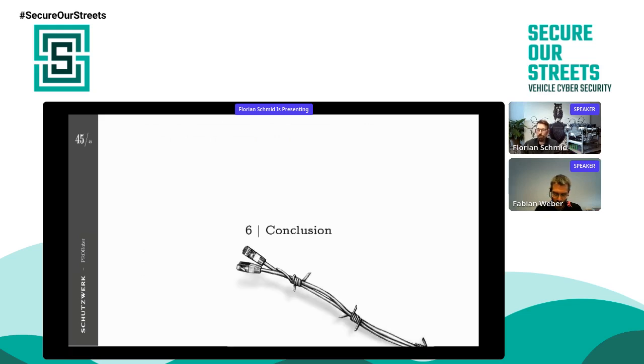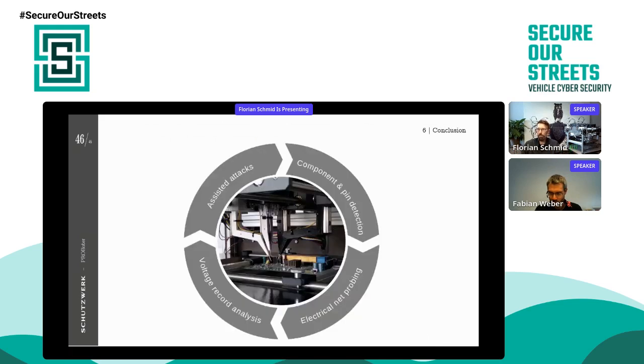So to wrap it up at the end, I have introduced to you the PROBoter, which is a tool that automatically performs component and pin detection, is able to identify interconnections on PCBs, to check for connections of pads and pins.